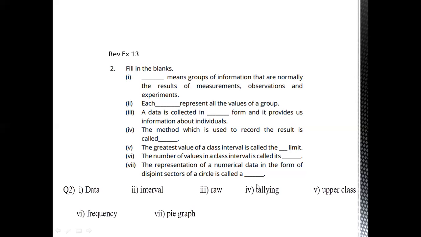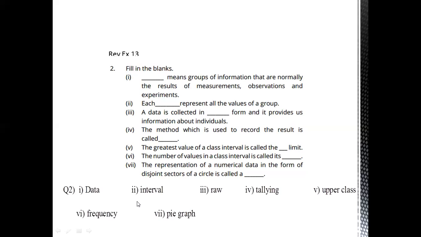Next is: the number of values in a class interval is called its frequency. How many numbers lie in the given interval? That is called frequency. The representation of numerical data in the form of disjoint sectors of a circle is called pie graph, which we did now.